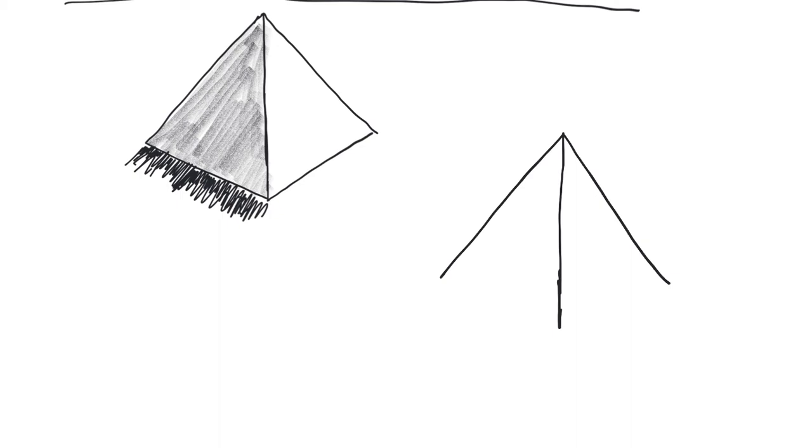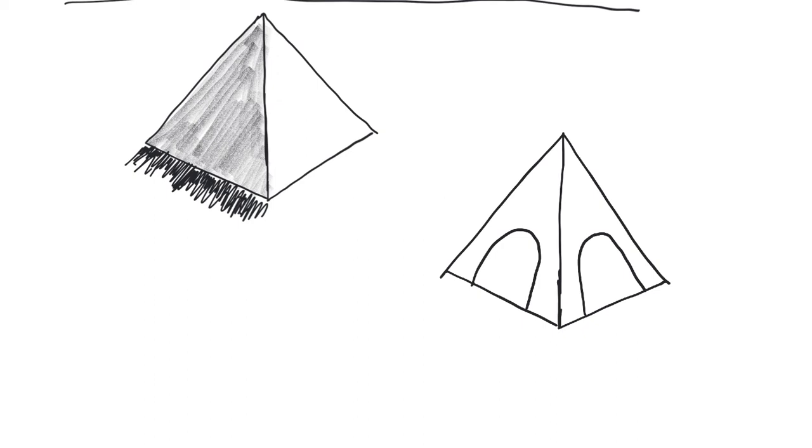You're going to be adding a northwest line and a northeast line, and then instead of shading, we're going to add some doors. This could be a teepee, this could be a pyramid, it could be lots of different things.